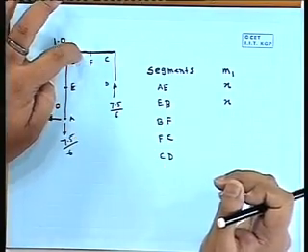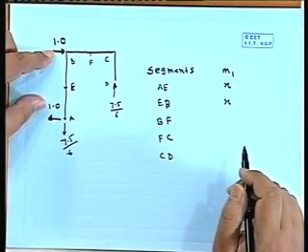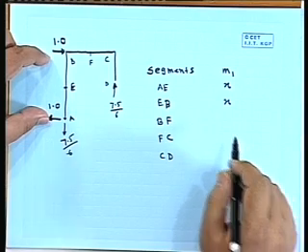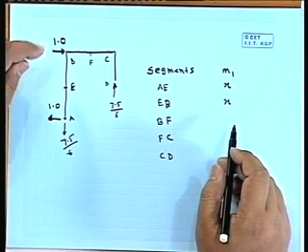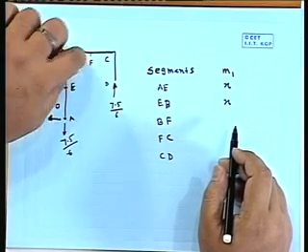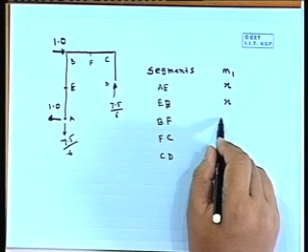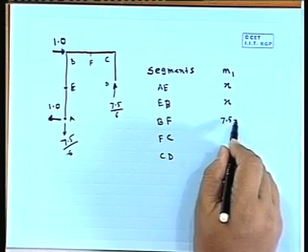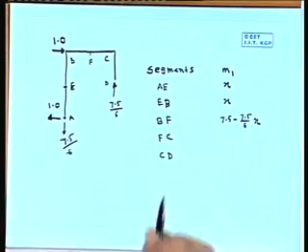Now if you come here, it will be 1 into 7.5, that will be fixed, and the 7.5 divided by 6 part will give some additional moment. So it will be 7.5 minus 7.5 divided by 6 into x.